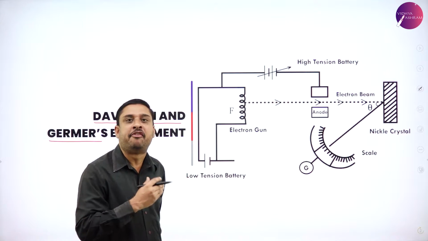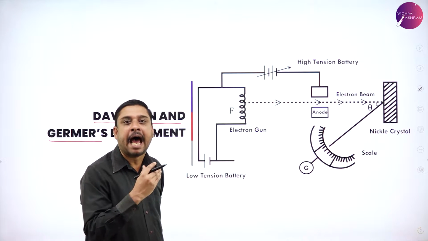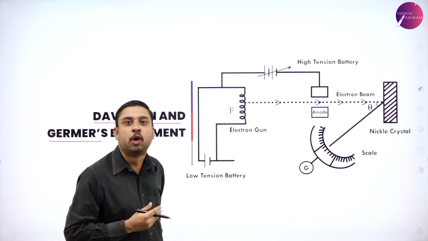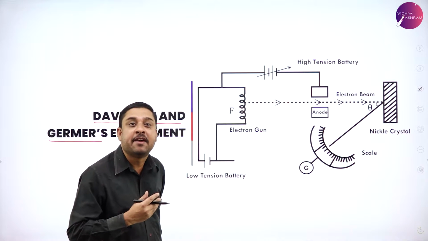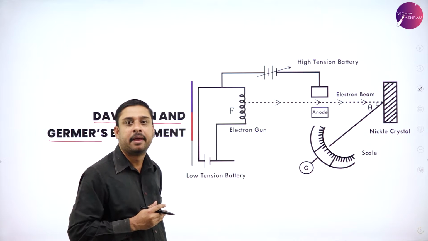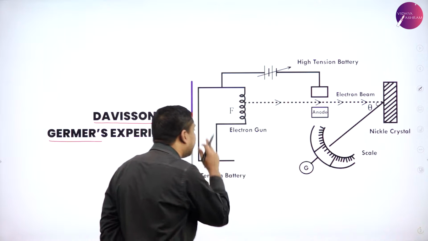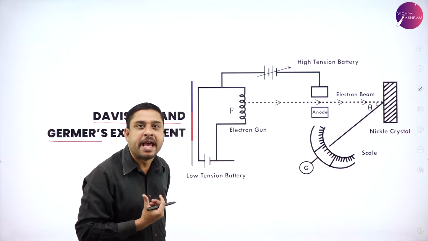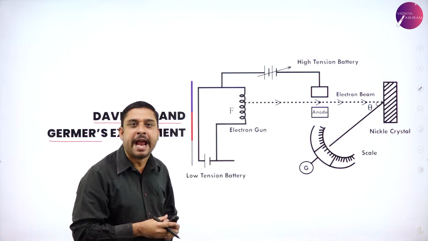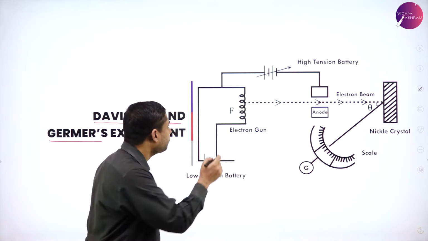The experiment was performed by two scientists, Davisson and Germer, which proves the wave nature of electrons. So this is the experimental setup, the experimental arrangement that was made by Davisson and Germer.